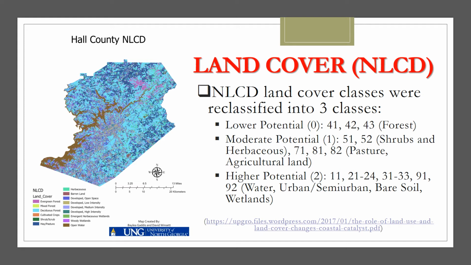The lowest potential for flooding was forest, mostly 41, 42, 43 of the NLCD values, and moderate potential were shrubs and herbaceous and pasture and agricultural land, because generally they are in the flatter areas. And higher potentials are water bodies themselves, urban and suburban areas, bare soil areas and wetlands.